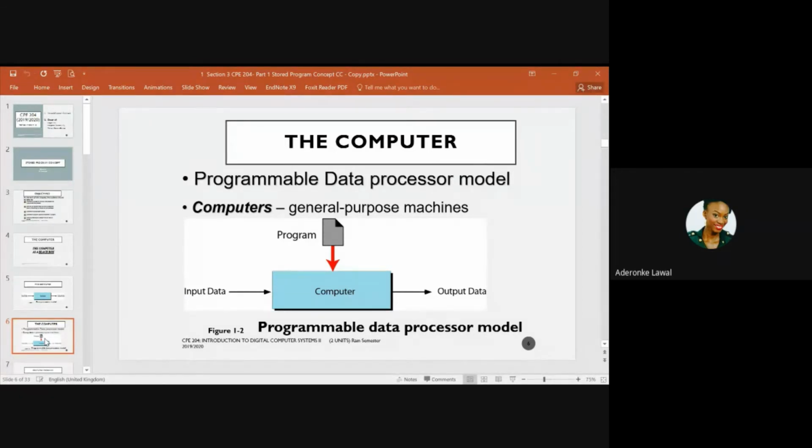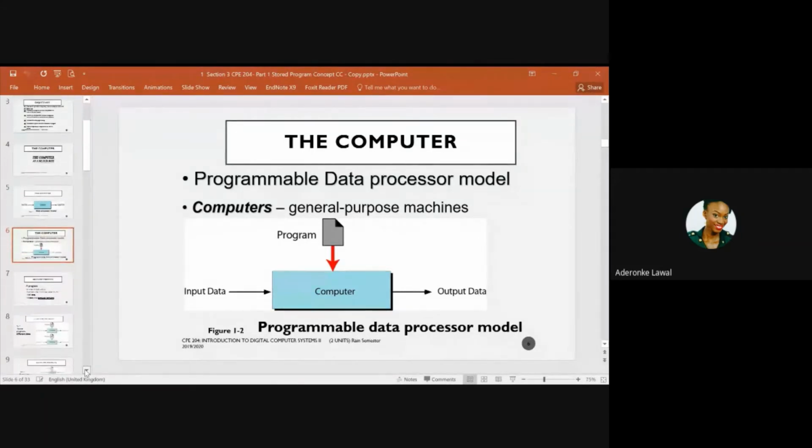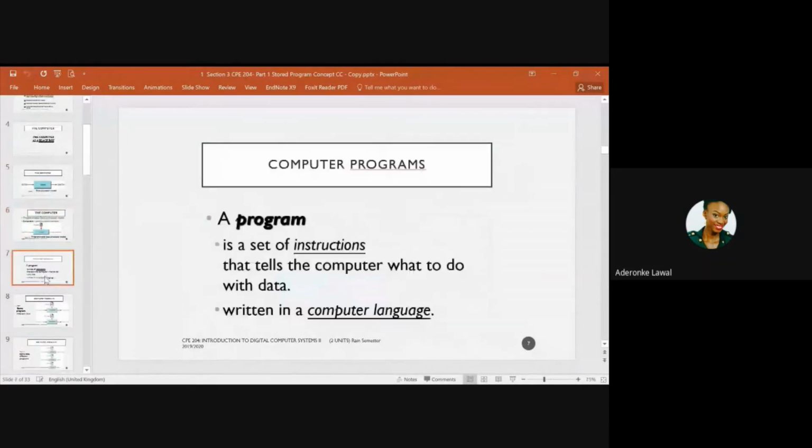That doesn't happen because it has only one program installed on it. That's the only thing it can do for you. So this is called a general purpose machine. I'm sure you can think of other examples. If I say, what other examples of general purpose computers can you think of? I'm sure you can think of one or two.